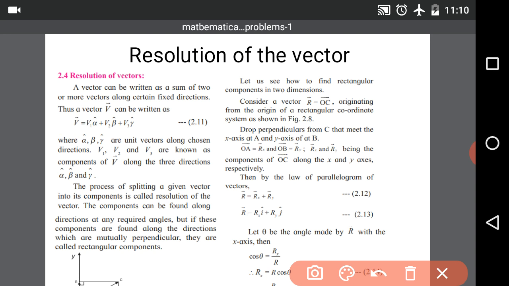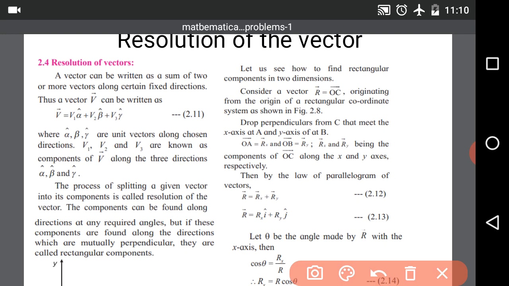Here alpha cap, beta cap, and gamma cap are called unit vectors. Unit means its magnitude is equal to 1, so the cap remains here.